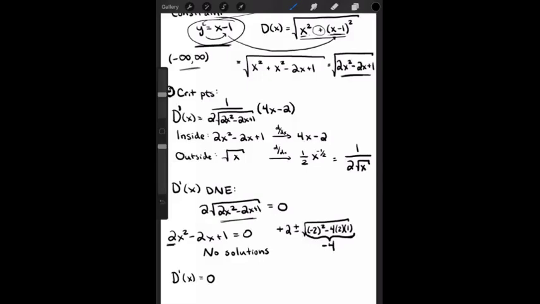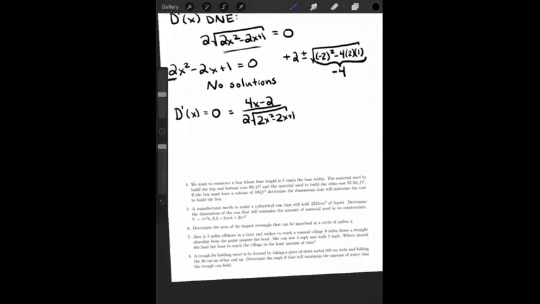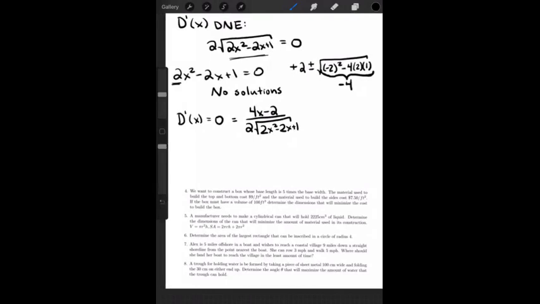And since it's a fraction, let me go ahead and get this written down here. If I want that to equal 0, that's the same as taking the denominator and setting it equal to 0. So we get x is equal to 1/2.